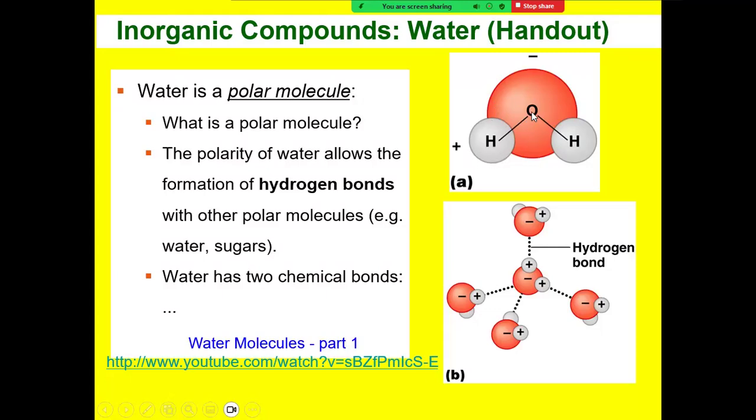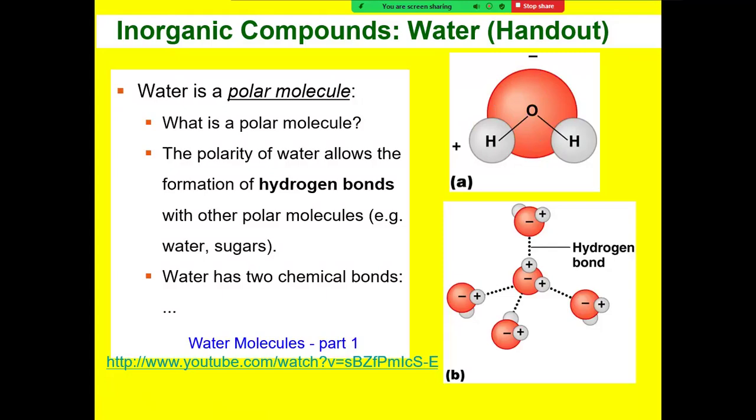The electrons in that chemical covalent bond are pulled towards oxygen and spend more of their time with oxygen than they do with hydrogen. This makes the hydrogen have a partially positive charge and the oxygen a partial negative charge.